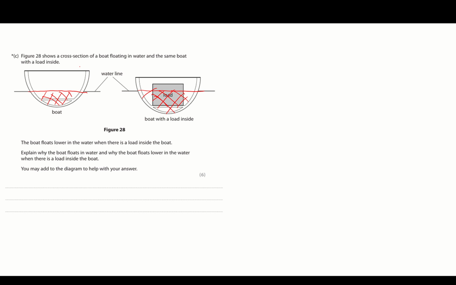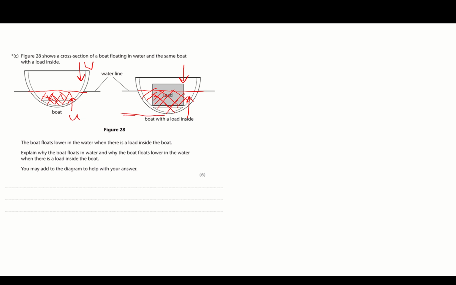We know that the weight of the boat is the same as the weight of water displaced. And we know these forces are equal, so we know weight equals upthrust because it's floating. And that's the same here, and we can see that the weight equals the upthrust. And what's happened is we have to displace more water.